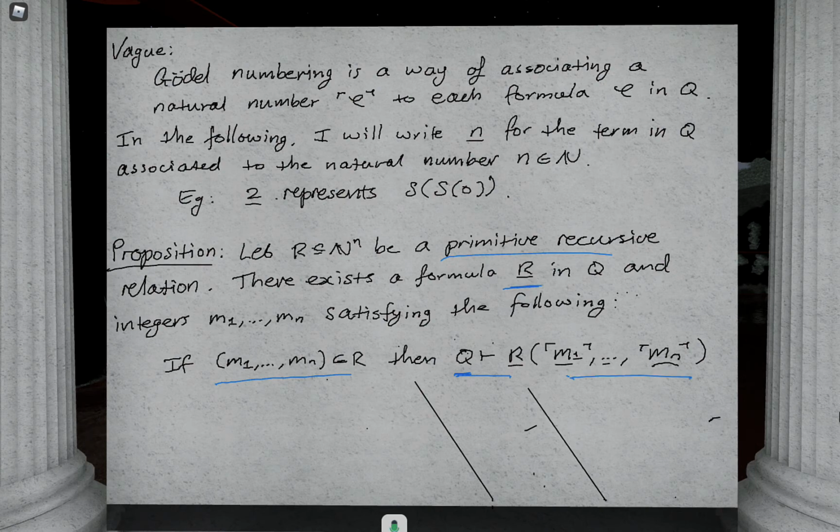And what are these terms? Well, let me spell it out for you. If I had M1 underline, then the point is M1 is an actual number, and then M1 underline is that term inside Q that represents M1.